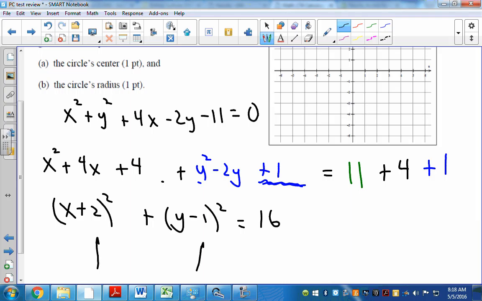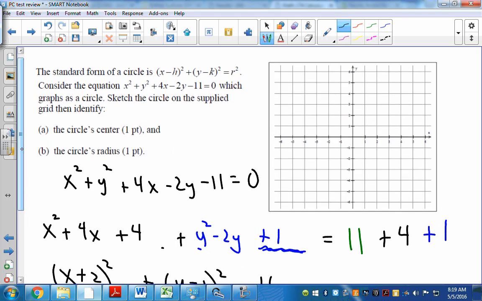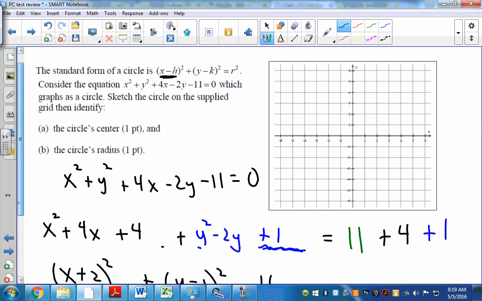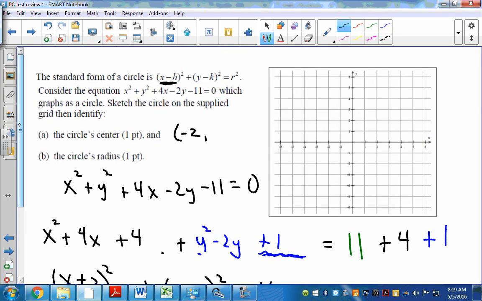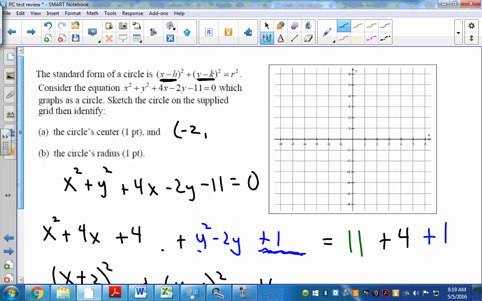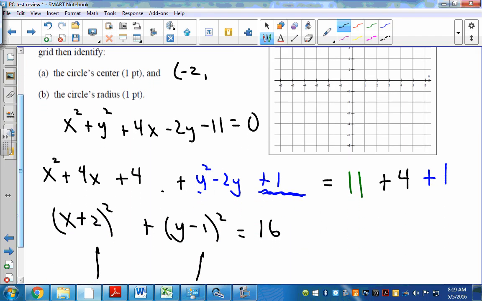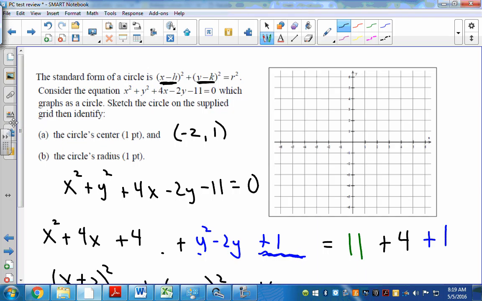Remember, the graphing form is x minus h, so the center's x-coordinate is minus 2. And again, y minus k, but this already is a minus, so minus a minus would be plus 1. The radius squared is on the right side. So 16 is the radius squared.